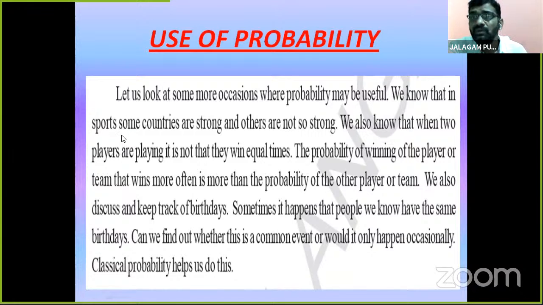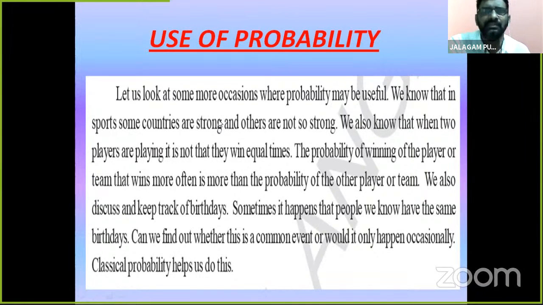We know that in sports, some countries are stronger and others are not so strong. In many games, we know that some teams are very strong and some are not. We also know that when 2 players are playing, it is not that they win an equal number of times. Not every team wins every time.